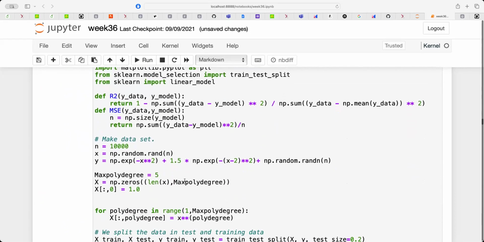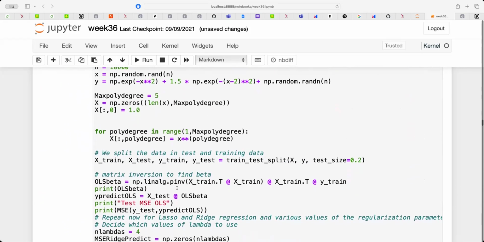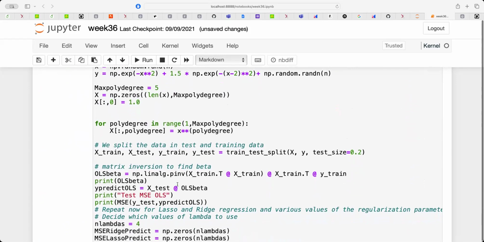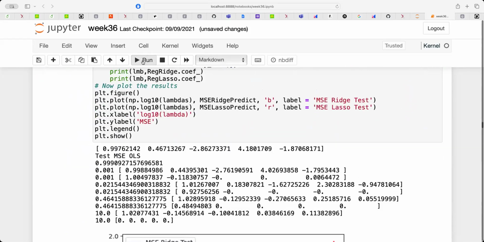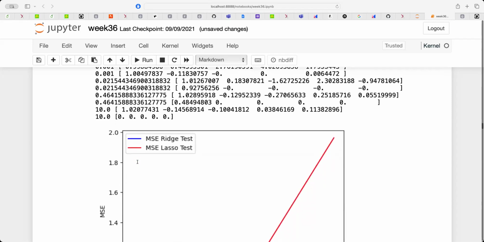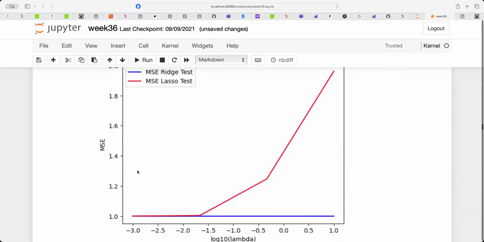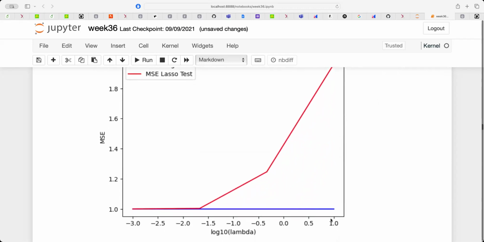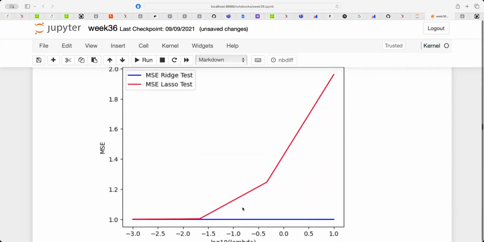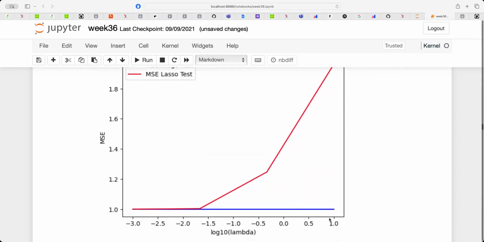And this function here is essentially the same as before, and we fit this one without the intercept. Here you can make a comparison between ridge and lasso. What you will see, which is a little bit more interesting now, is that for lasso, up to a lambda parameter of 10 to the 10, the standard ridge on the test data is basically pretty small.